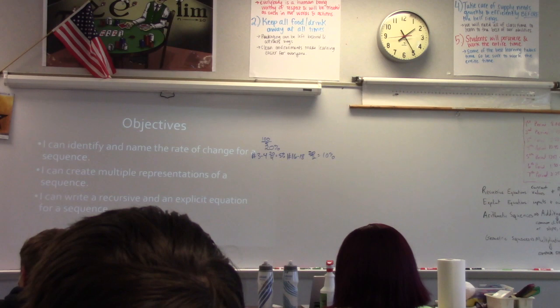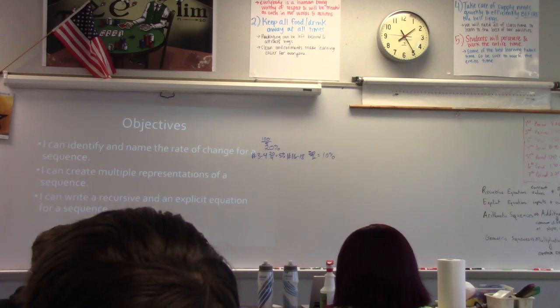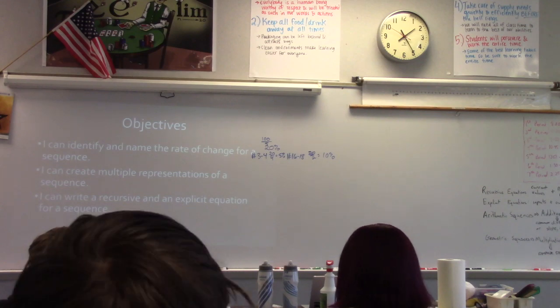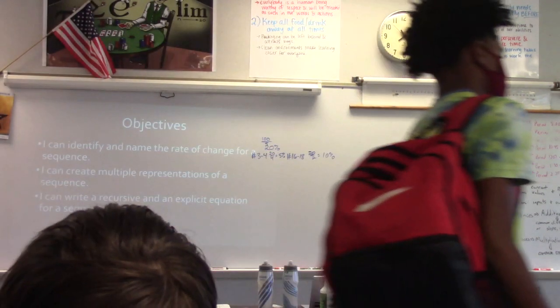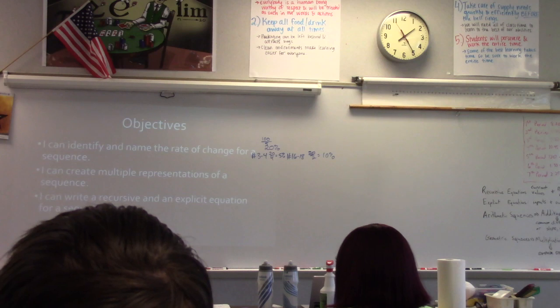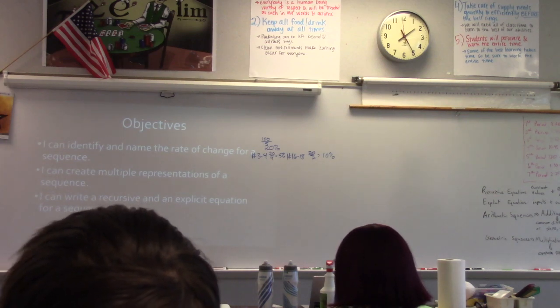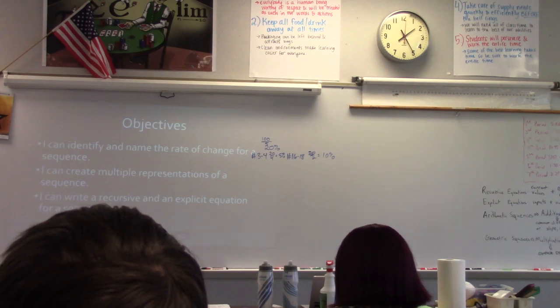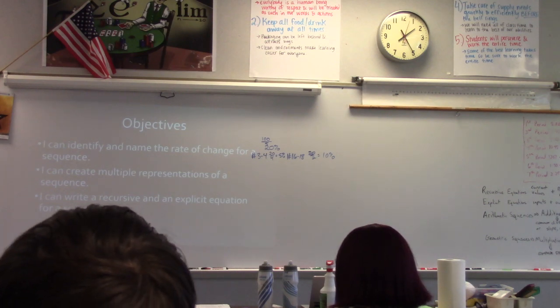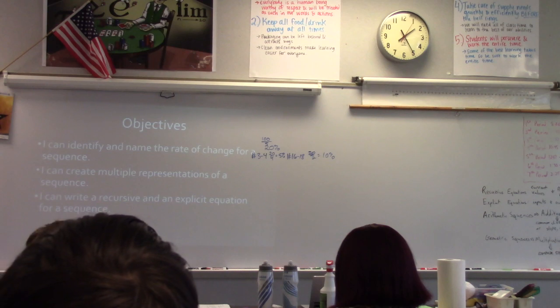And then what is the representation that we most commonly have? Verbal. Verbal, or using our words, is the last one we've got. Then we want to write recursive and explicit equations. That's the algebraic, really getting to that point.